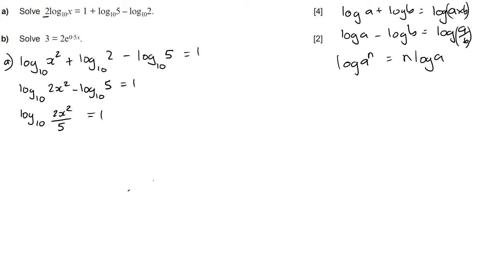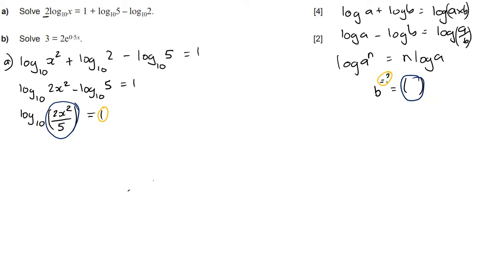Now when you have a log equal to a number, the way this works is the base is to the power of what you had outside there, and that equals the bracketed part. If I put them in different colors, basically this goes here, and then using purple, this part goes to here.